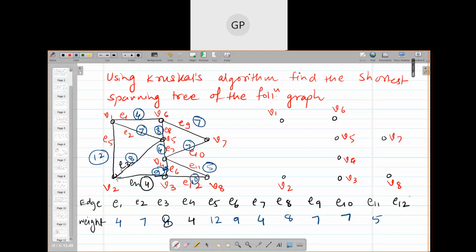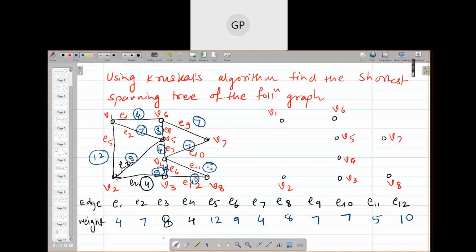Okay, it is 10. So these numbers are randomly appearing. We are interested in finding the shortest spanning tree. So we should be interested in including only the edges which have minimum possible weight. So we should rearrange these numbers in non-decreasing order, that is ascending order, increasing order.